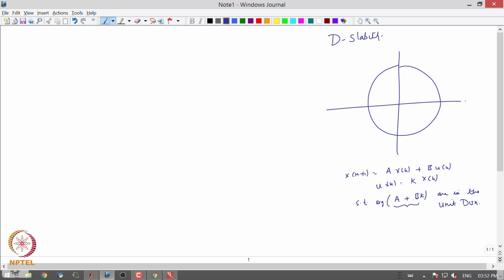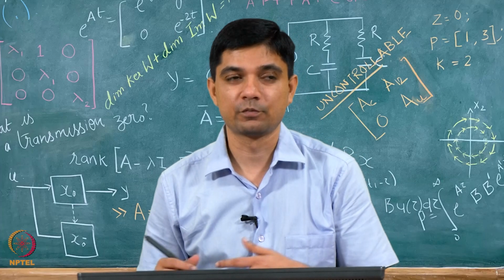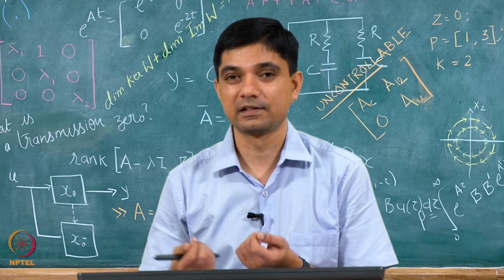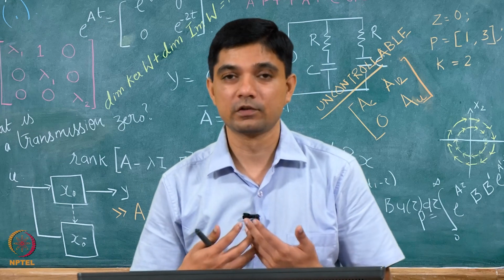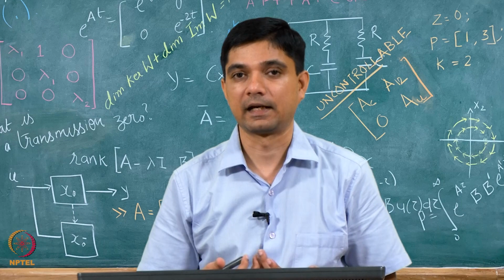That is what we learned in lecture number 1. Again, I am just dropping the minus K here, which we would usually use, but nothing really changes. Usually I am not only looking at stability. In addition to stability, I am also interested in performance, and performance usually translates to placing the poles of my closed loop system at appropriate locations.